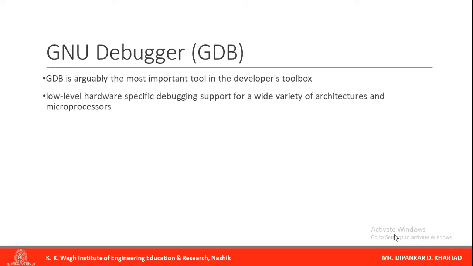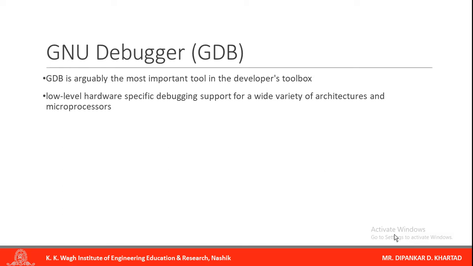It has low-level hardware-specific debugging support for a wide variety of architectures and microprocessors, because if you are using a target device, it will have a simple embedded system, and one simple embedded system needs to have a controller or processor.